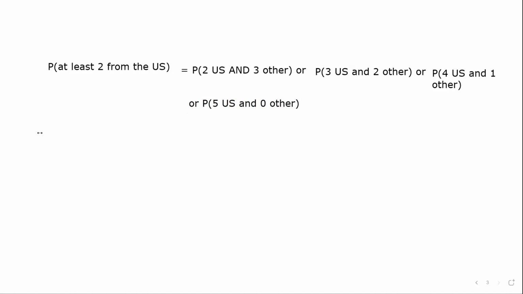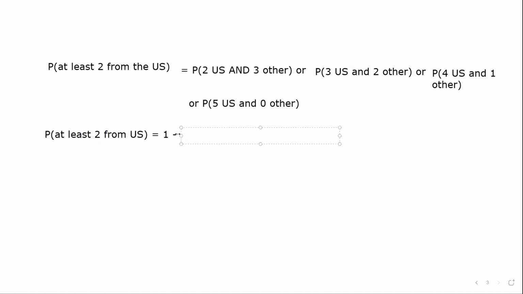Okay. So the other way to think of this is to say that the probability of at least 2 from the US means 1 minus, now I have to be a little bit careful here because it's not just 1 minus 2. That's the hard part. That's why I wanted to write this first.